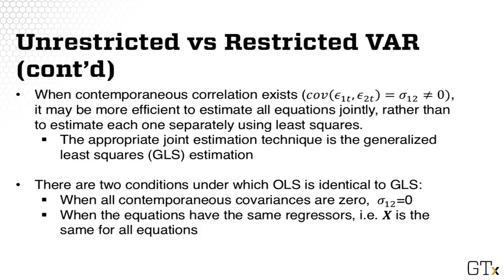Thus, unrestricted VAR can be simply estimated using OLS even when there is contemporaneous correlation, while the restricted VAR will need to be estimated using GLS.